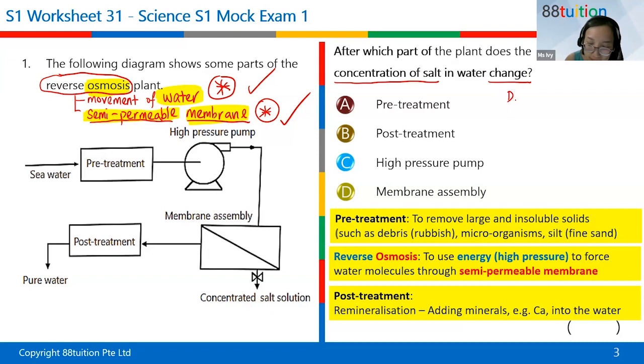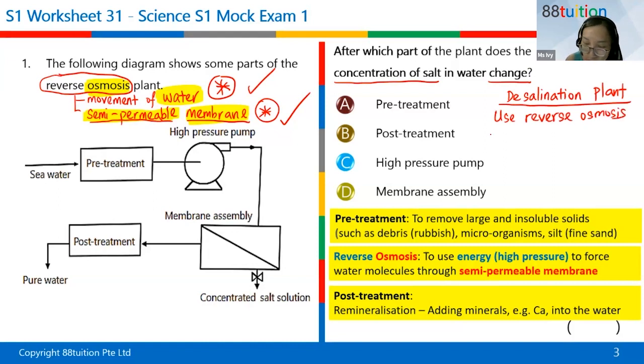All right, so basically in desalination plants, Singapore has 5 desalination plants. We basically use reverse osmosis to change seawater to pure drinking water. So we are changing seawater, which is so salty.